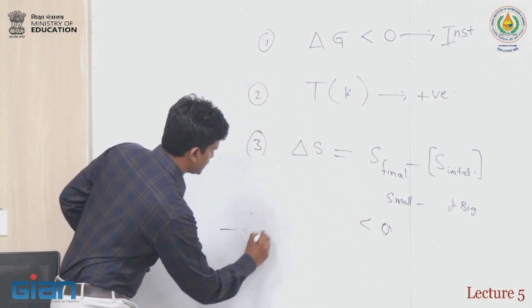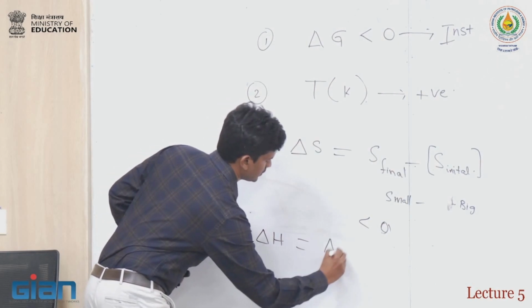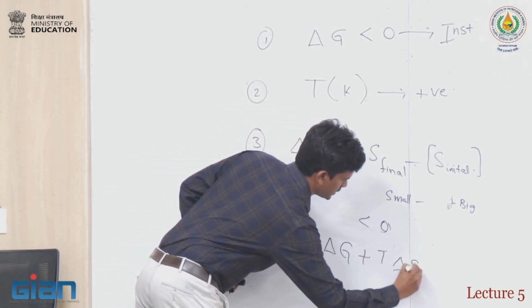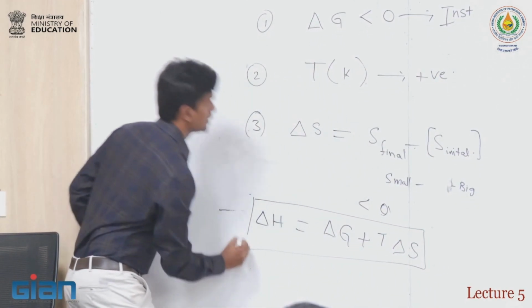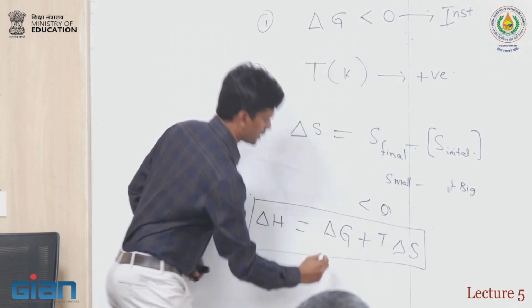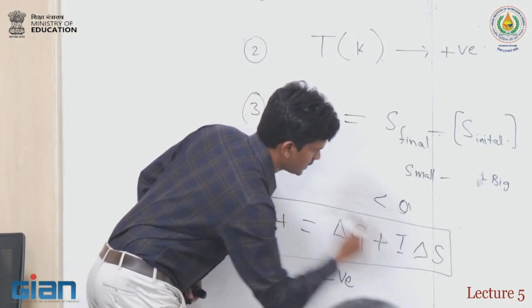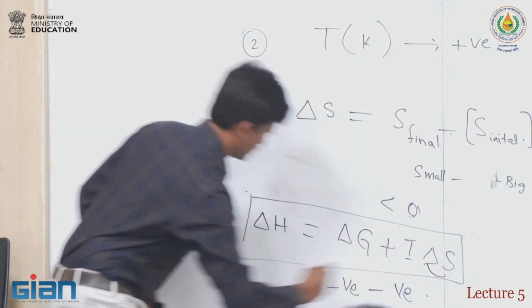So what we have is delta H is equivalent to delta G plus T times delta S. We said that delta G is a negative number, so this is negative, and this is negative. So overall, everything is negative.